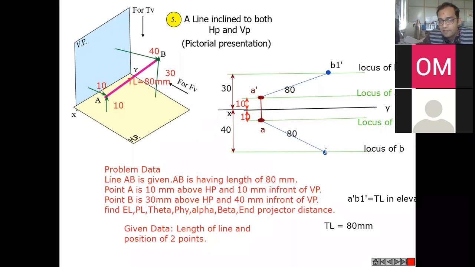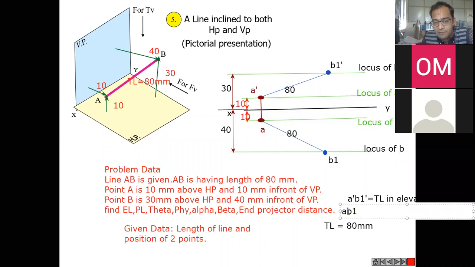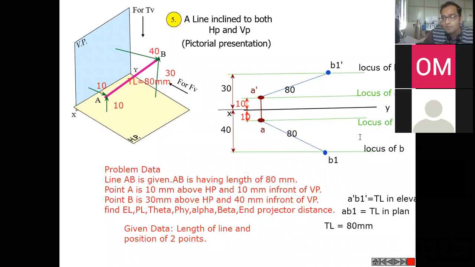When we draft an arc, it will intersect locus B, और उस locus B पे जहाँ intersect कर रहा है उस point को बोला जाएगा B1, and AB1 is representing true length in plan. Okay. So this much of draft is clear.